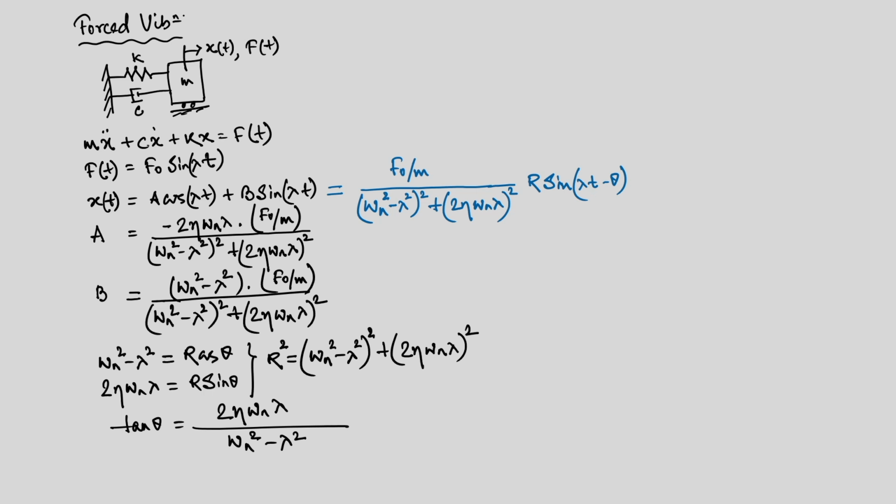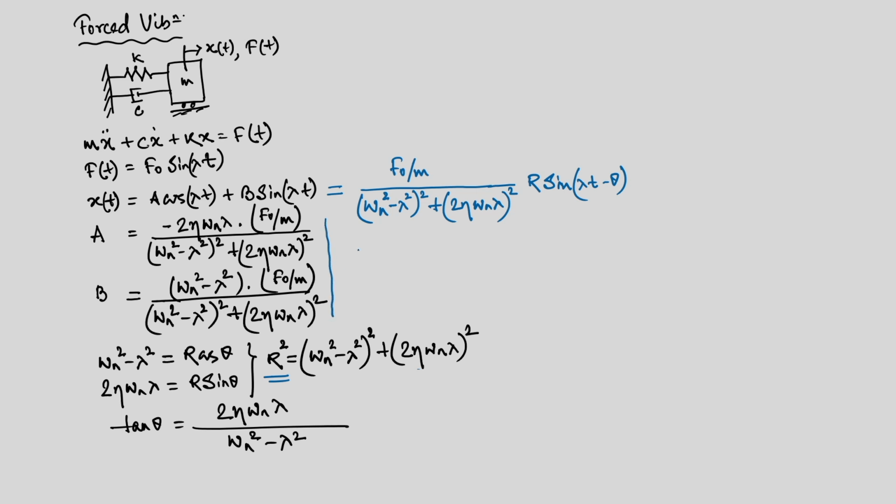Now, still we can do a further simplification. Now, if you can notice, r square is equal to omega n square minus lambda square whole square plus twice eta omega n lambda whole square. So, that means we can further simplify this expression.